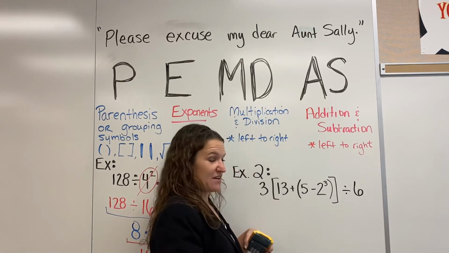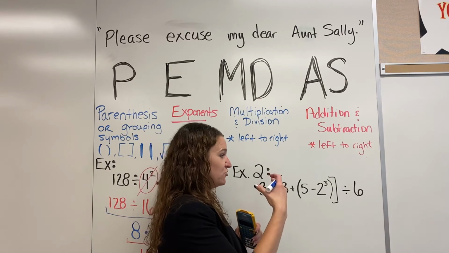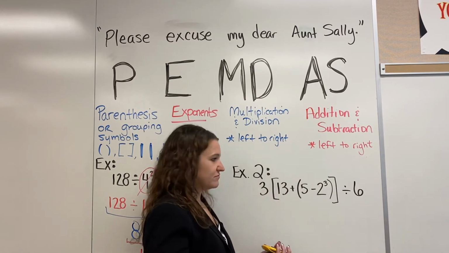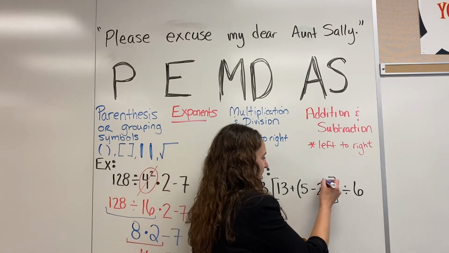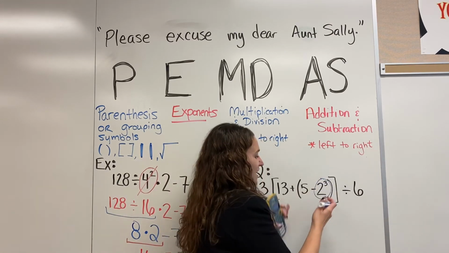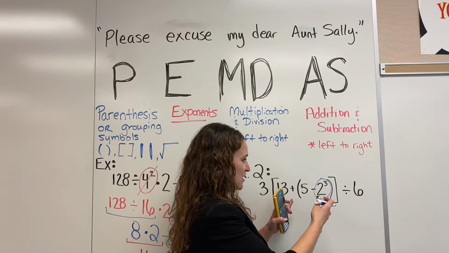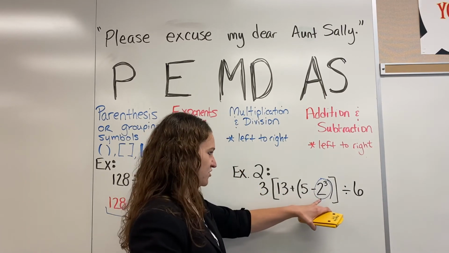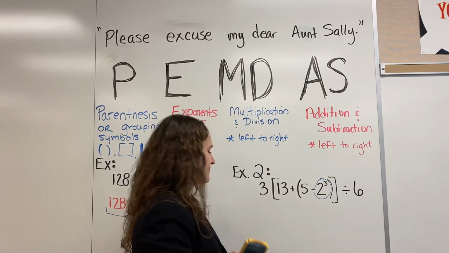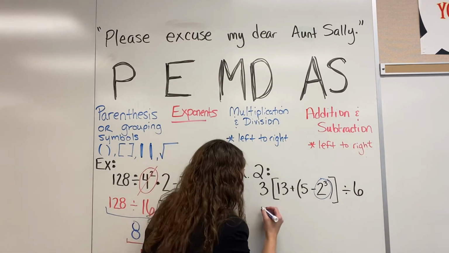Now it's asking me to take 5 and subtract 2 cubed. Well, I can't do that because I don't know what 2 cubed is. So I need to make sure that I simplify this first in order to do the operation inside my parentheses. So let me bring down everything else and I'll substitute 2 cubed in for 8.